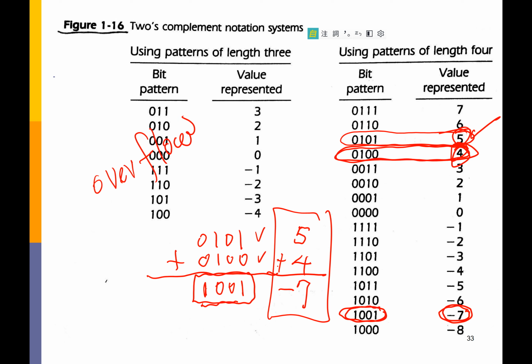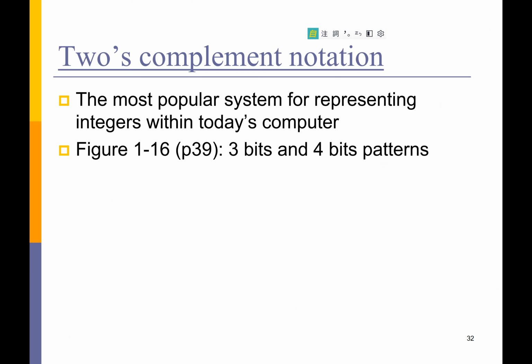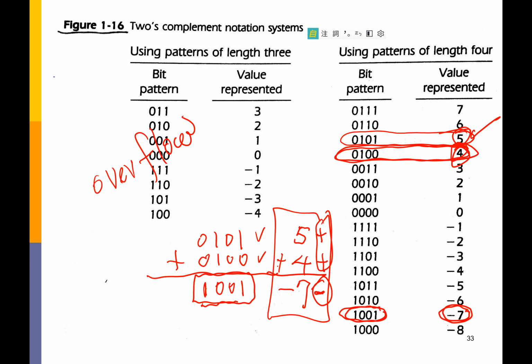How do we know it's an overflow problem? Because we have a positive value plus a positive value, and we get a negative value, which is obviously a mistake. So when you have two numbers which have the same sign, and after addition you get a different sign, you can easily detect the overflow error.